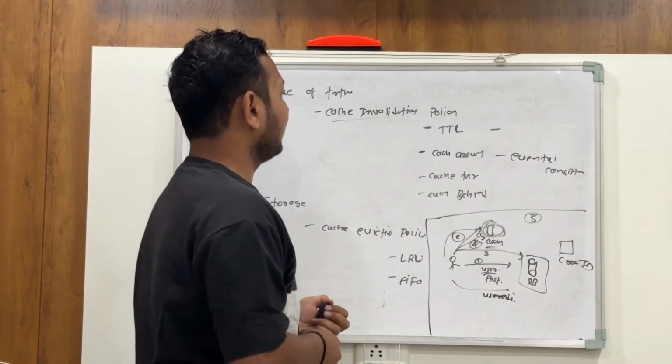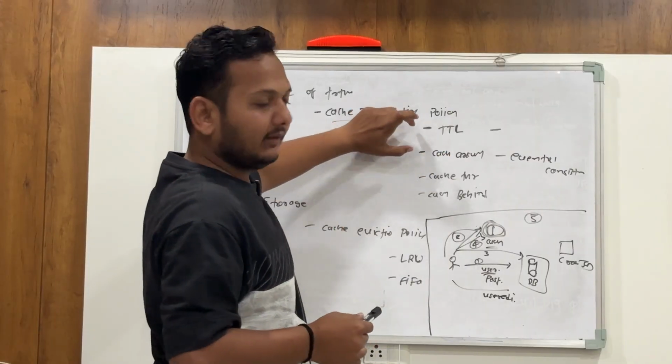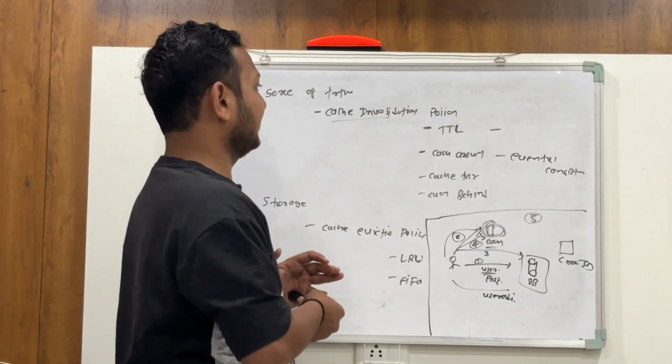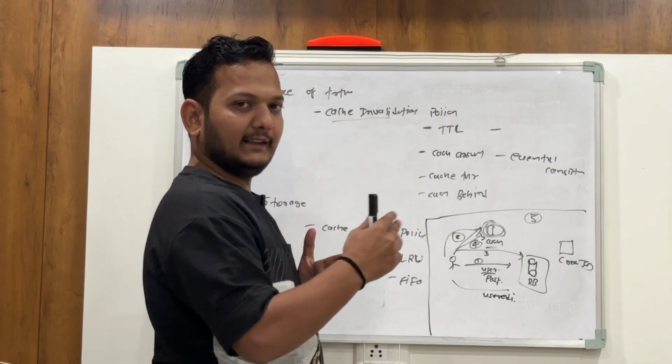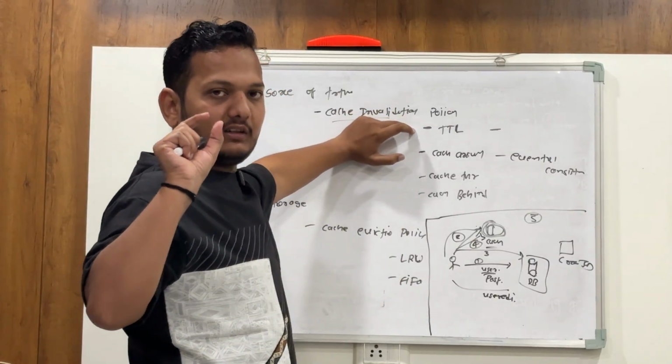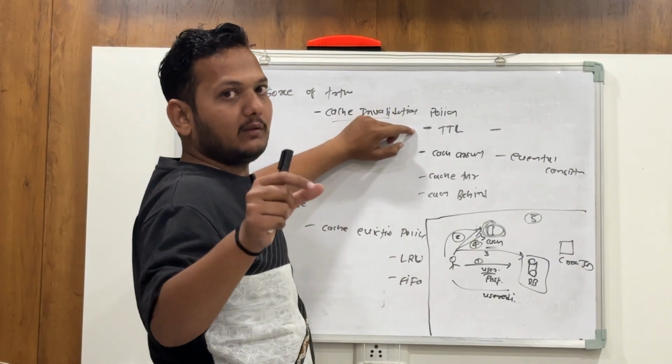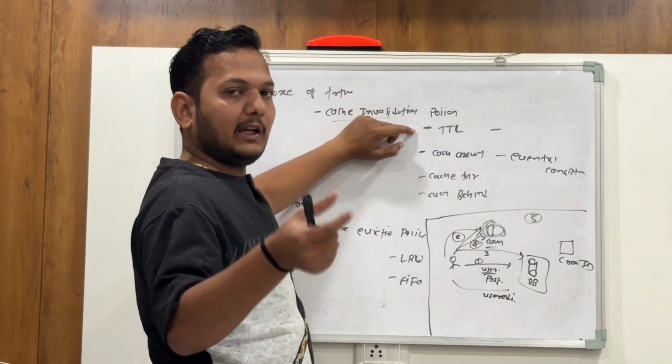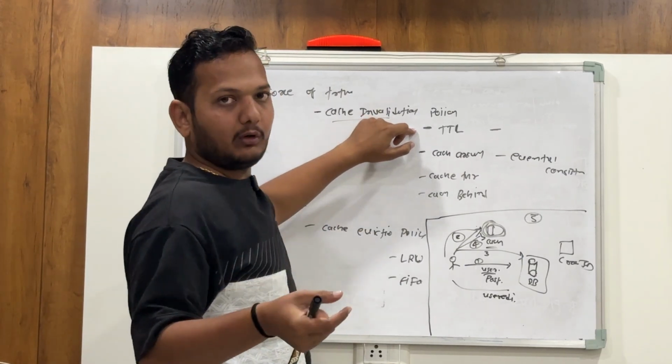Now let me recap what we have learned. In the TTL, there is one expiration that we have to set for every key. After that time, the key will be automatically removed from the database.